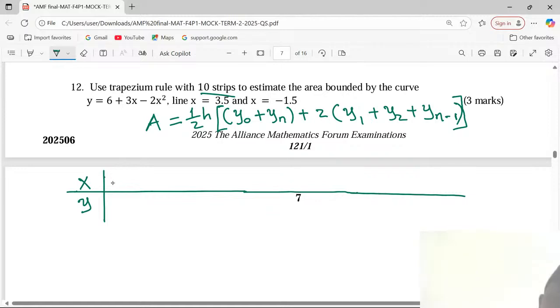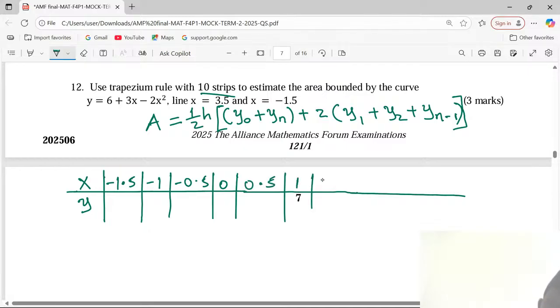So from negative 1.5, we're supposed to go to negative 1, then negative 0.5, then 0, 0.5, then 1, 1.5, then 2, 2.5, then 3, 3.5 finally.